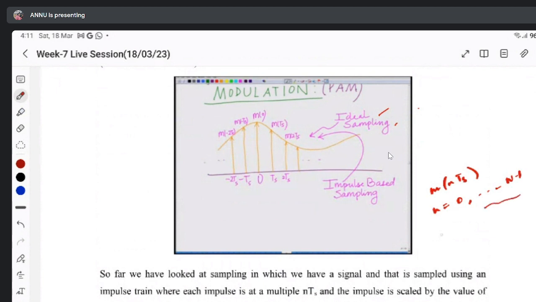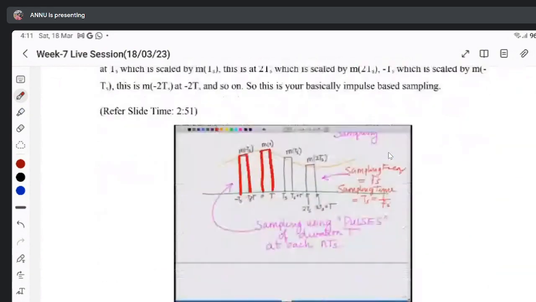Periodicity depends, or it can range from minus infinity to infinity, because in the summation we have minus infinity to infinity, 1 by Ts M(f minus n fs), as the output, the sampled frequency domain signal. So here you can see n can range from minus infinity to infinity.